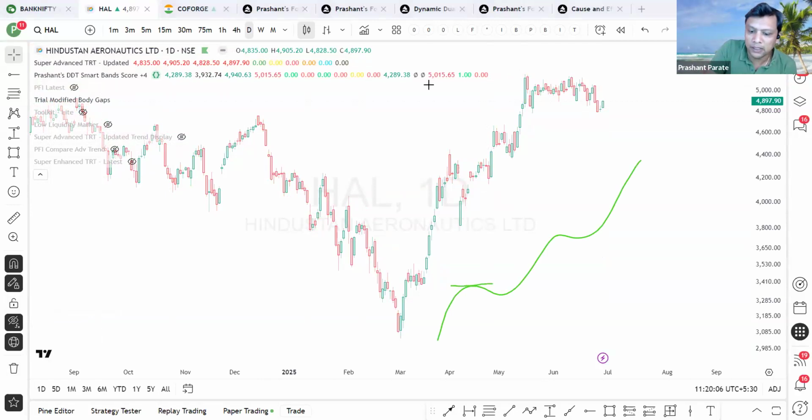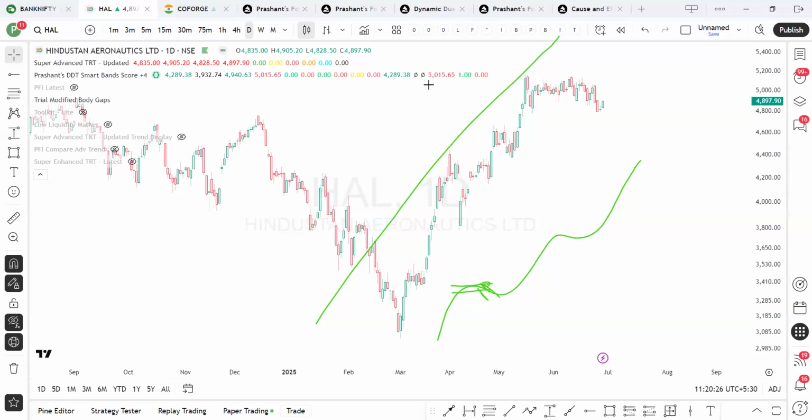Then after reaching a certain level of resistance, he knew that the stock is likely to have a reaction. Reaction means pullback. He knew that the bias is bullish and there is going to be a reaction. He wanted to capture that, so he shorted here. And sure enough, there was a reaction. Price came down.